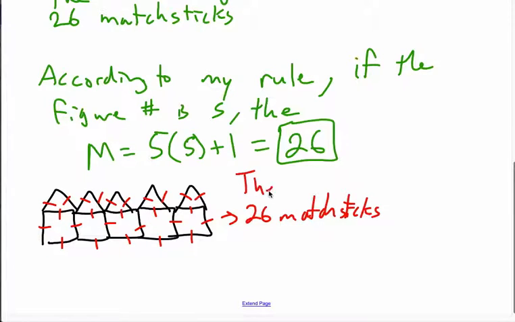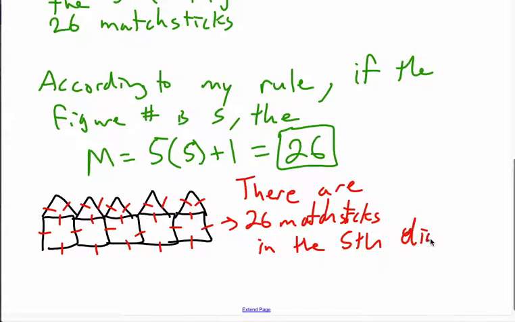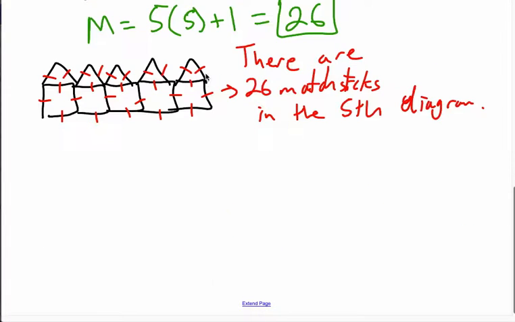Okay, there are 26 matchsticks in the 5th diagram. Alright, so maybe you can do a concluding sentence.